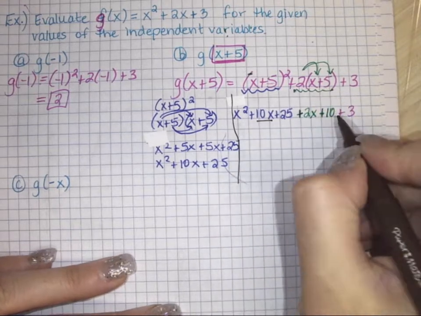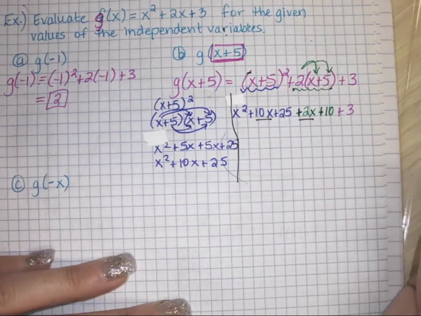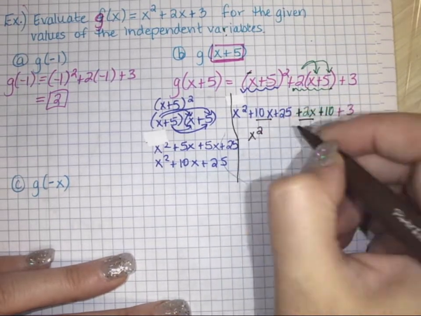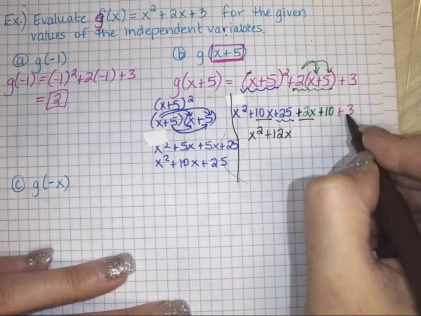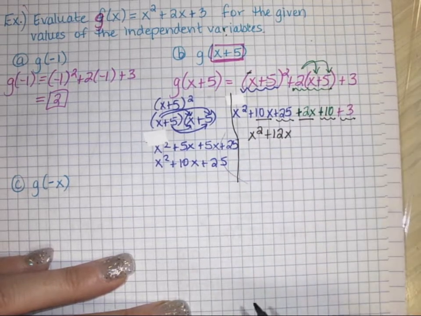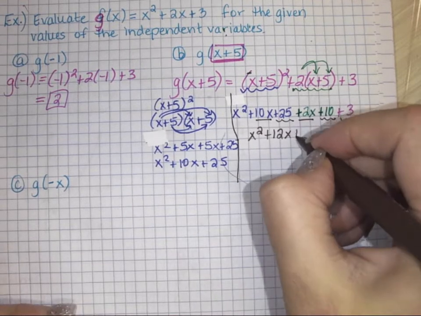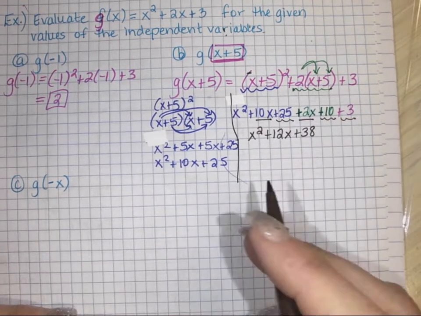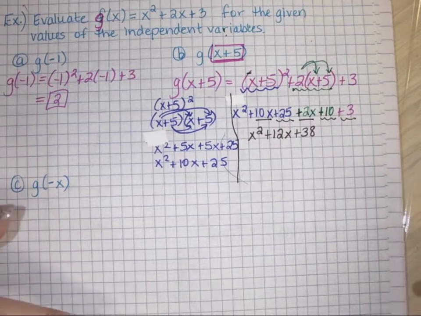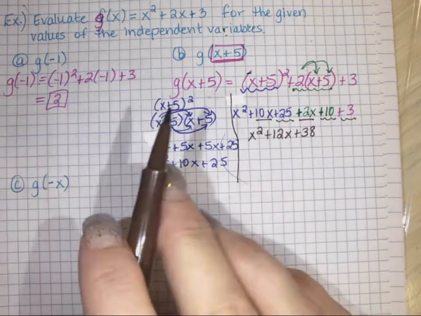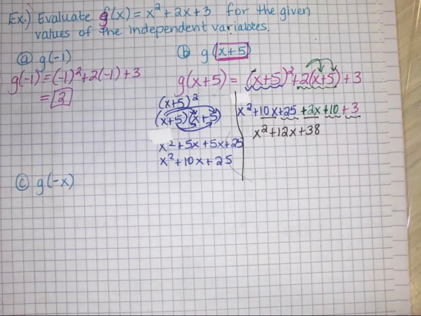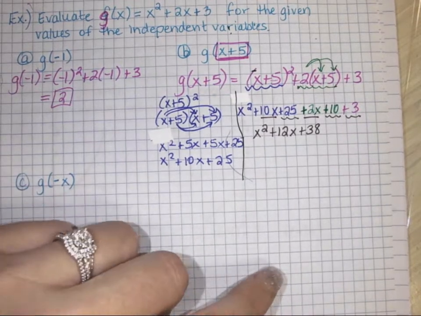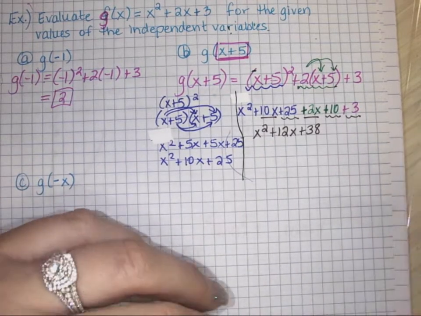You've got 10x plus 2x, and then positive 25 plus 10 plus 3. So 35 plus 3 is 38. And there are no other like terms to combine. That's it. So all you're doing when you evaluate these functions is plugging in, doing your math, and combining like terms.